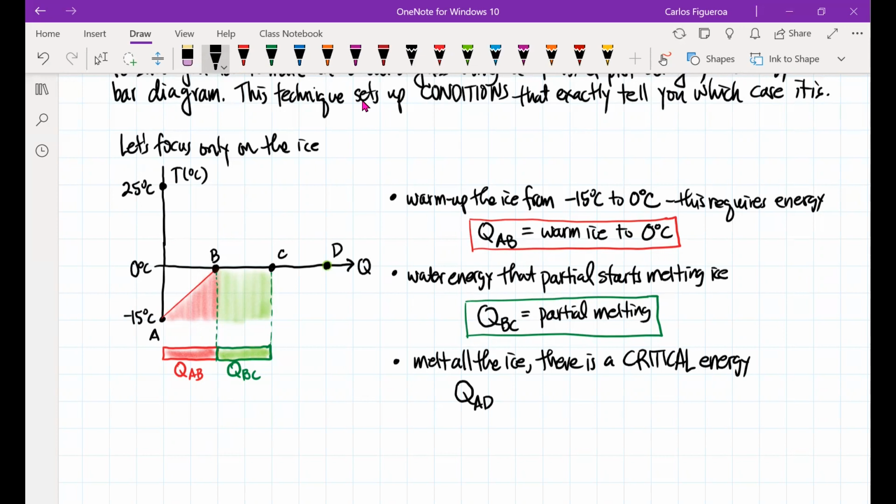And this here is what I call full melting. And it requires all of the energy to warm up the ice, to do full melting. So when you're looking at this, this energy now looks like this here.